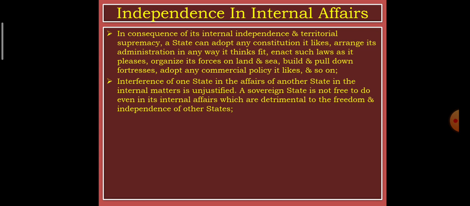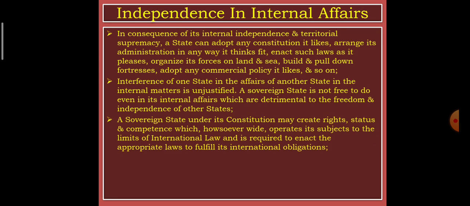A sovereign state is not free to do, even in its internal affairs, what is detrimental to the freedom and independence of other states. So, even though they are independent in their internal affairs, it must not harm. The impact must not be that it is interfering with other foreign states.